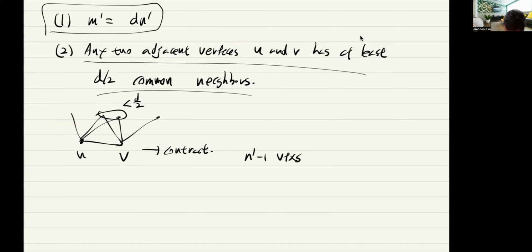Then you have n prime minus 1 vertices. And the number of edges is what? D n prime minus something, which is less than, say, t minus 1 over 2 minus 1 edges.